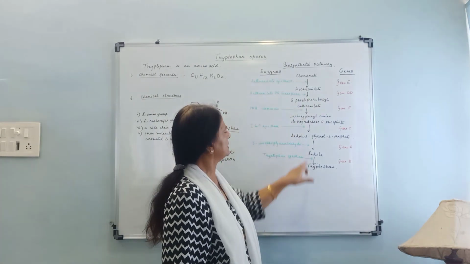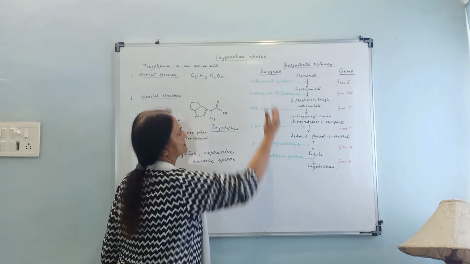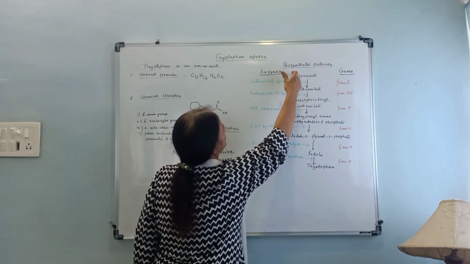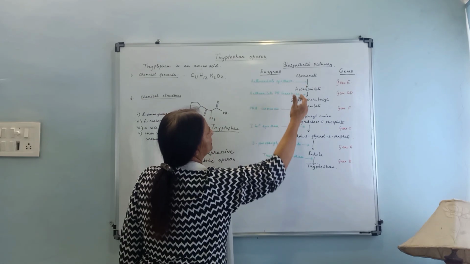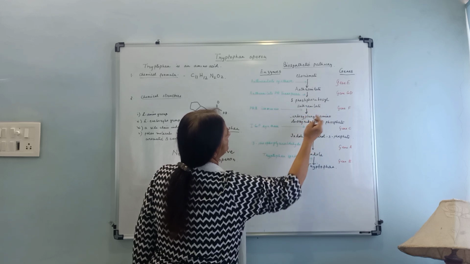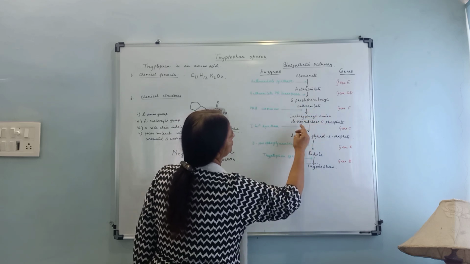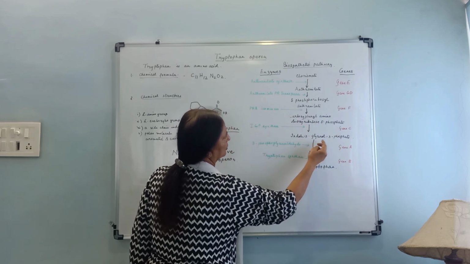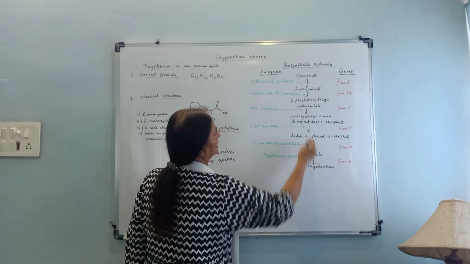The biosynthetic pathway of tryptophan has these stages. One is the conversion of chorismate into anthranilate, and from anthranilate to 5-phosphoribosyl anthranilate, then carboxyphenylaminodeoxyribulose 5-phosphate, then indole 3-glycerol phosphate, then indole, and then tryptophan.